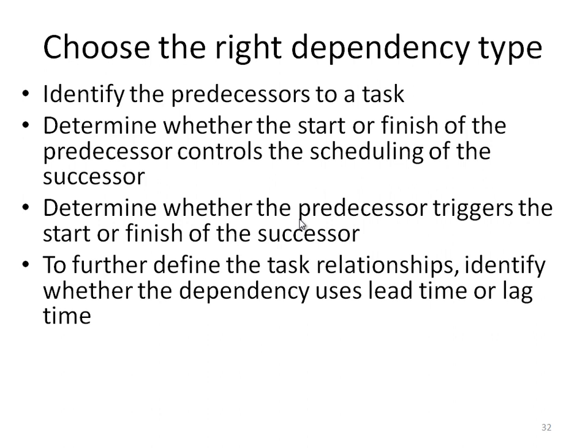To further define the task relationships, identify whether the dependency uses lead time or lag time. In Project, you can further qualify the relationship between two tasks with a lag or a lead. For example, you can't start to add the second coat of paint until the first coat has dried.